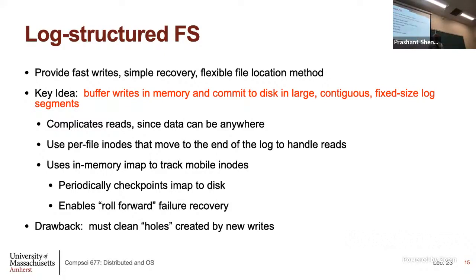Okay? So what does it mean to actually optimize writes in this fashion? You essentially think of your disk as a log. It's a contiguous log. You keep appending new data to the end of the log. Okay? So I start at the beginning because it's only write traffic, right? I take the next block that comes in, I write to the next location. Another block comes in, I write to the next location.